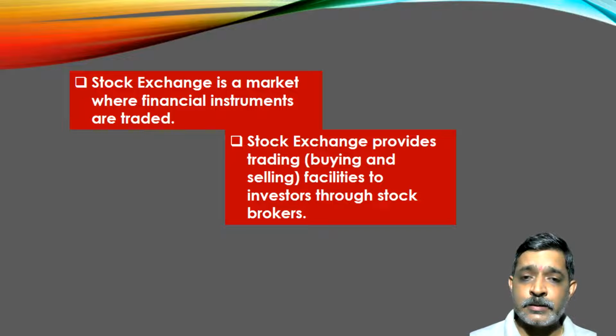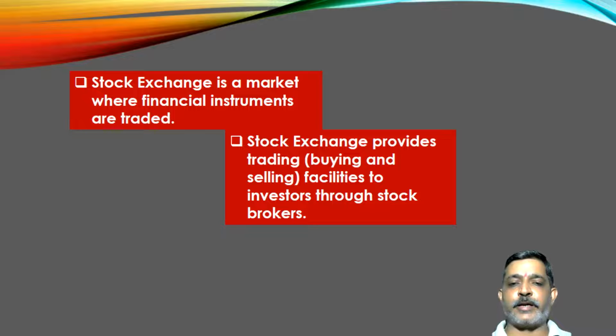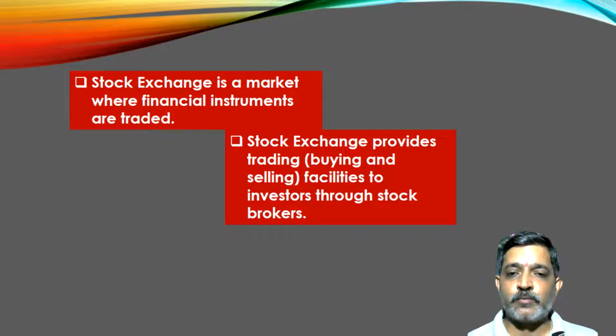The investors can't buy and sell directly on a stock exchange. So a broker is needed, a middleman is needed. So stock exchange provides trading facilities to investors through stockbrokers.